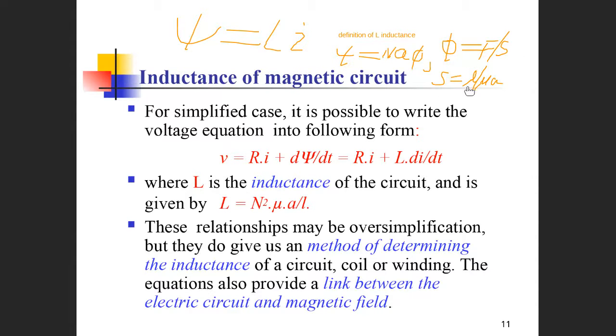The reluctance equals the length l over mu A, and F equals the turn number N times I.